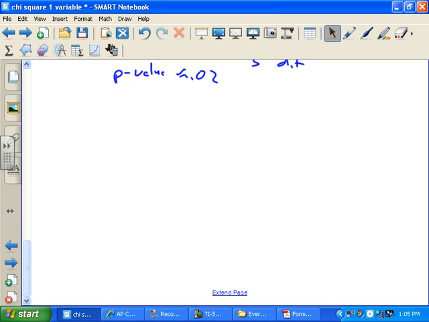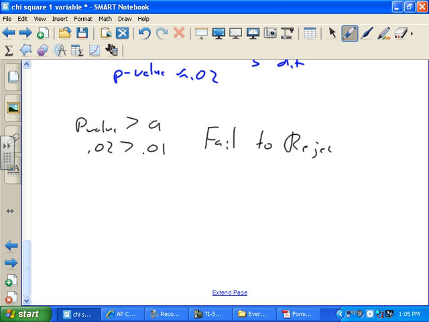So now we're kind of at the end. We'll close it out. Step 7. Our p-value is less than, no, it's greater than alpha. 0.02 is greater than 0.01. So that's going to be a fail to reject the null hypothesis.